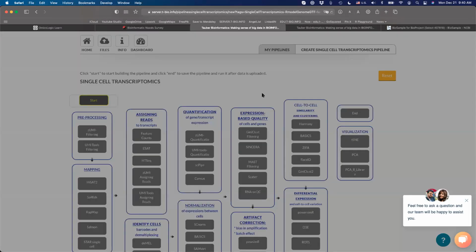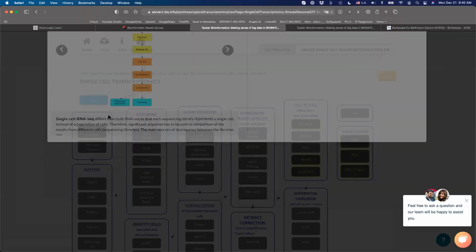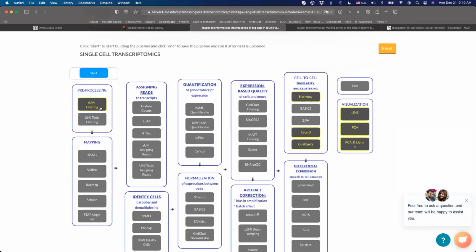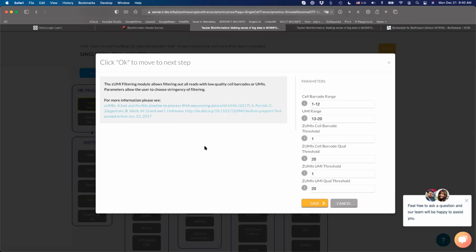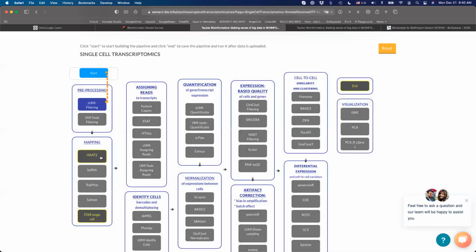So again, we start from here. We already reviewed this kind of process. So we first of all filter based on low quality cell barcodes or UMIs. Here you have some settings for what those lengths would be. And if you read through the data preparation, you'll see where these numbers came from.